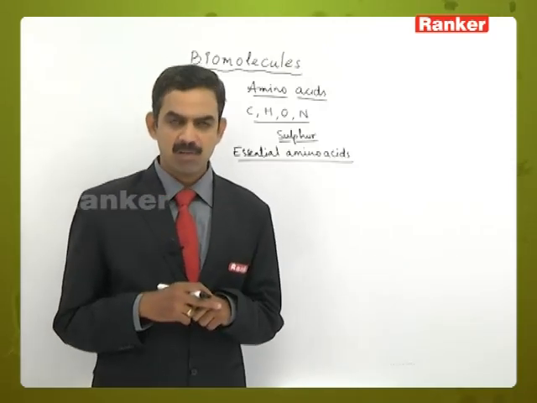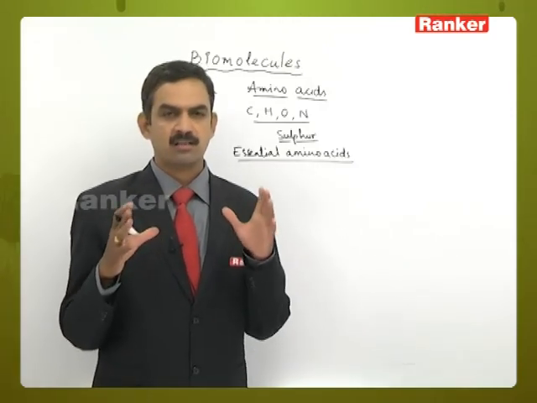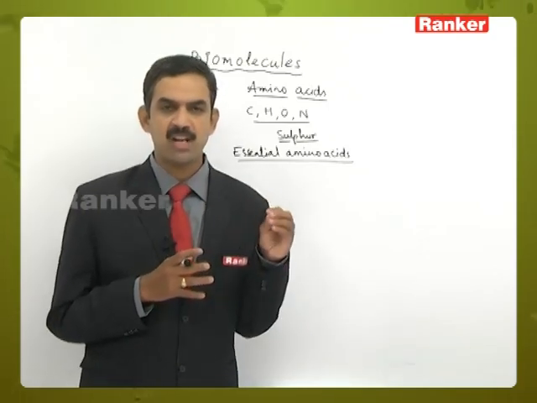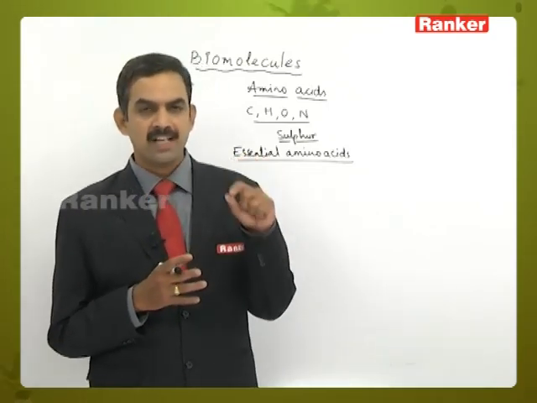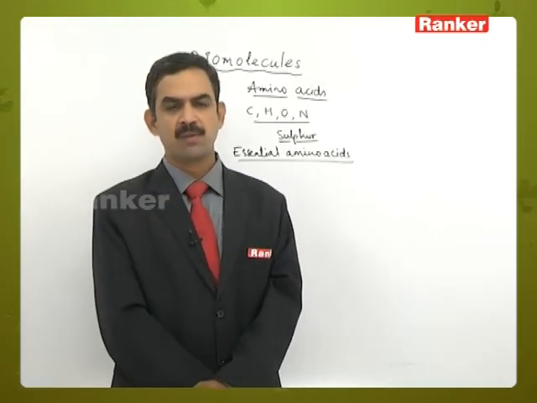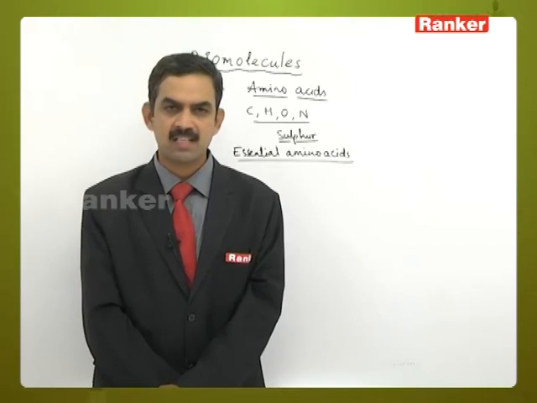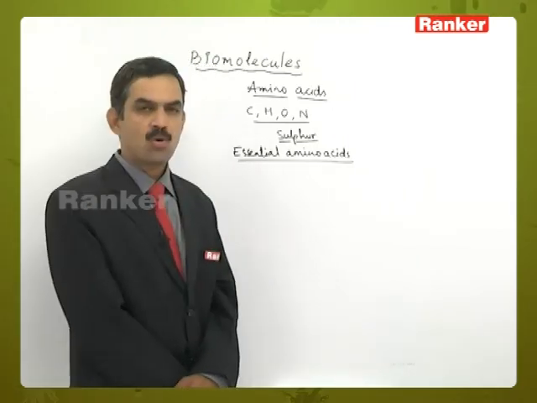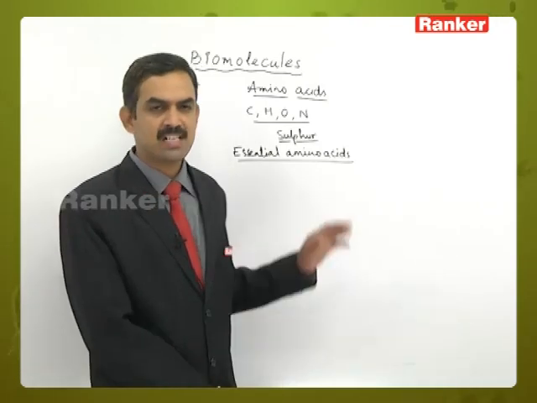But animals cannot prepare some of their own amino acids; such amino acids are derived from plant sources. The ones derived from plant sources which cannot be synthesized by the animals are called essential amino acids. How do the animals get those essential amino acids?